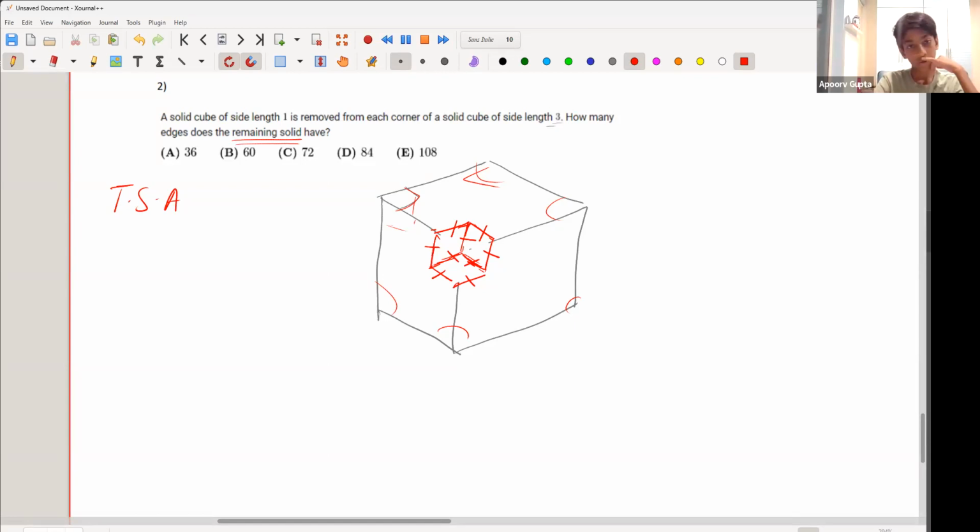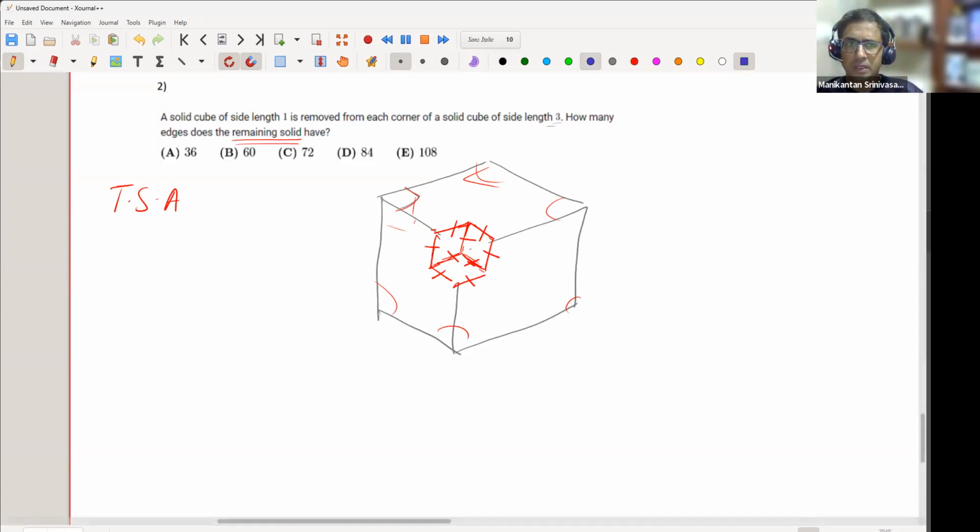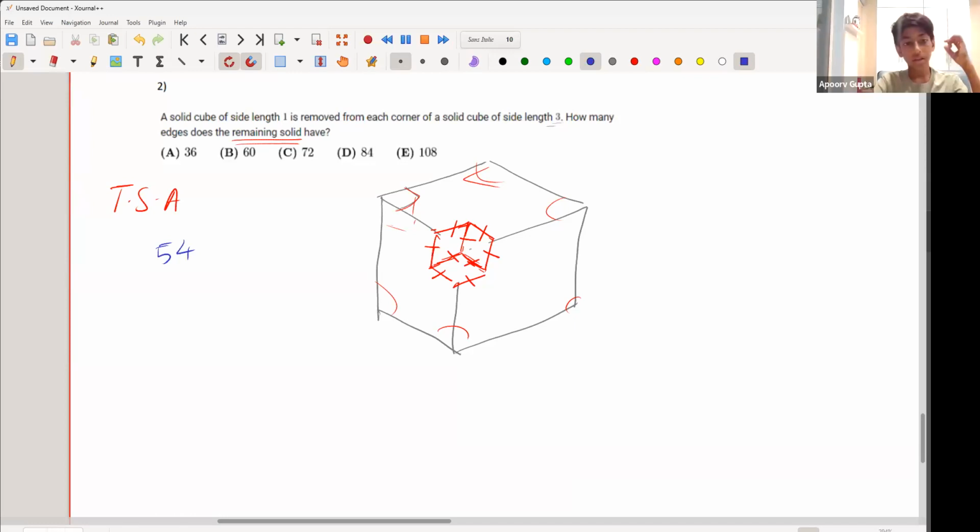So I got 54. Apurva got 54. Anyone else? Go ahead, Apurva, please explain. Since it's a 3 by 3 by 3 cube, the surface area of one face without removing any corners is 3 into 3, 9, right?